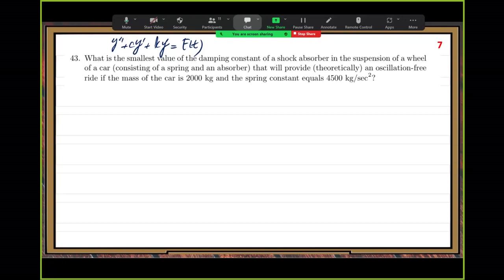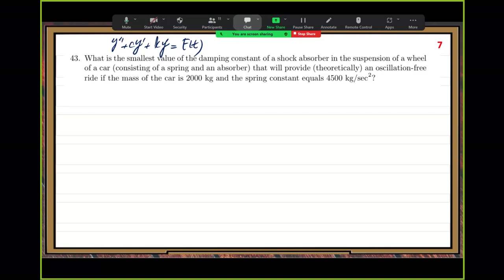If C is too small, when you calculate the discriminant, you get a negative discriminant, then you get an under-damped system. Under-damped, you have oscillation, so you don't want that. C cannot be too small.